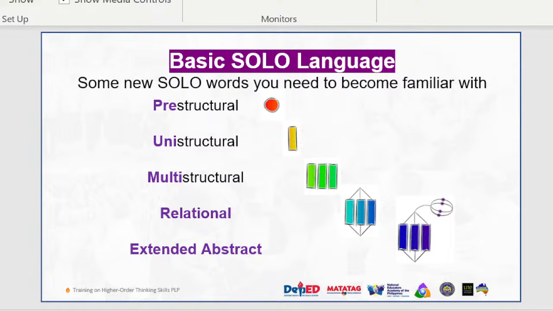So SOLO is the closest way of describing how the brain actually works. So what does pre-structural mean? What does unistructural mean? What does multi mean?